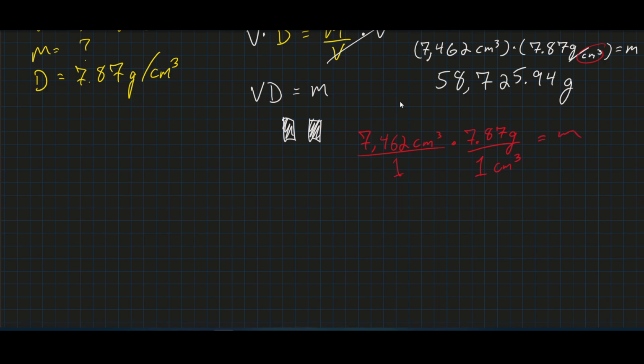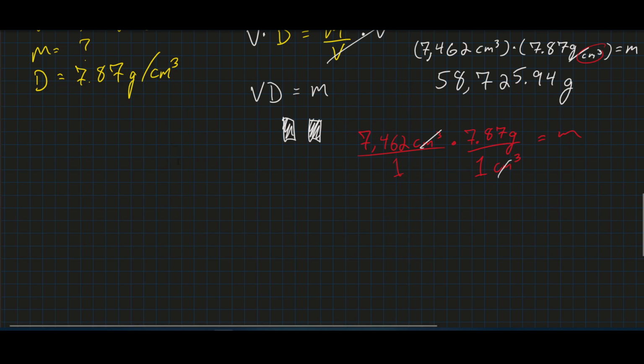So what happens is the centimeters cubed, because they're on opposite sides of the line. What's the name for the fraction line? Goodness me, I can't remember. Anyway, because they're on the other sides, one's a numerator, one's a denominator, they cancel out.